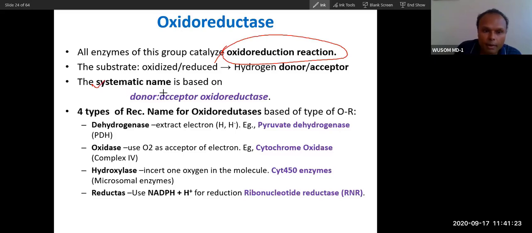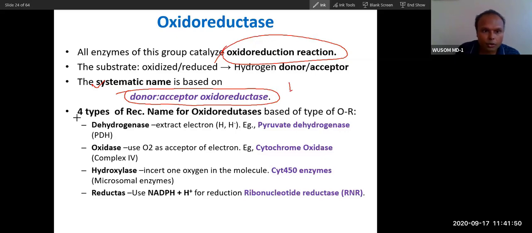We give the systematic name this way: you write the donor name, then a colon, then the acceptor name, and then you write oxidoreductase. Donor, acceptor, oxidoreductase. And based on this, the name is given, and the number is also given.